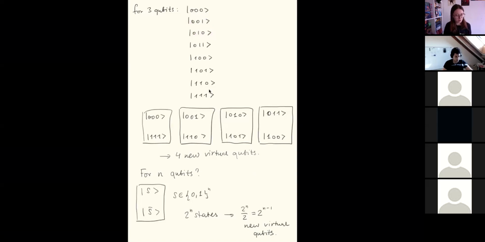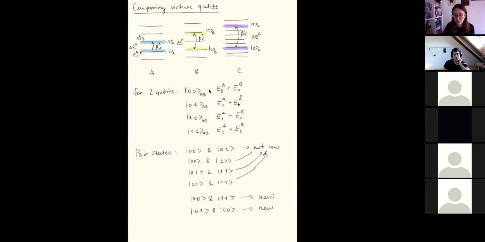Okay, so in the exercise, you'll also have to characterize this case of composition of 3 qubits more thoroughly, in the same way it was done for the case of 2 qubits in the lecture.